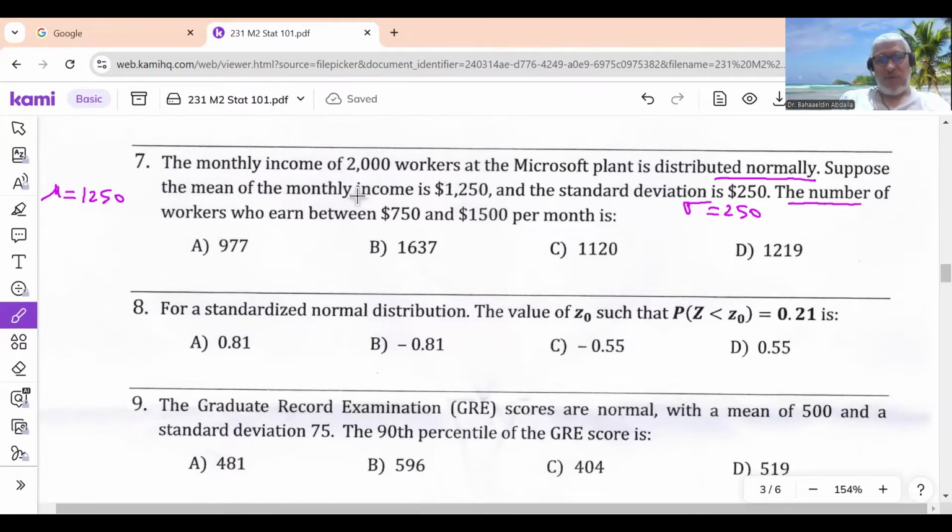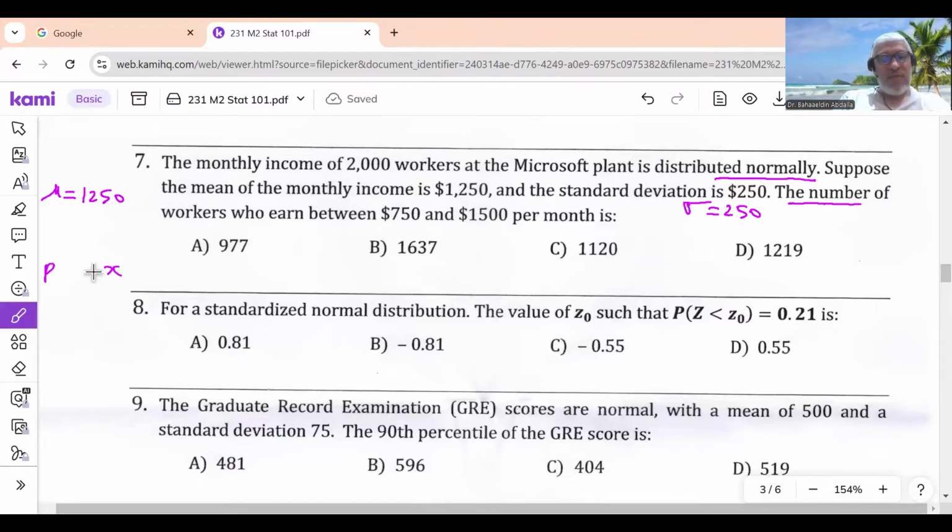I have 2,000. What is the number of workers that are between 750 and 1,500? Well, I'll start by finding the probability that the income is between 750 and 1,500. The income follows a normal distribution. So the income is X.